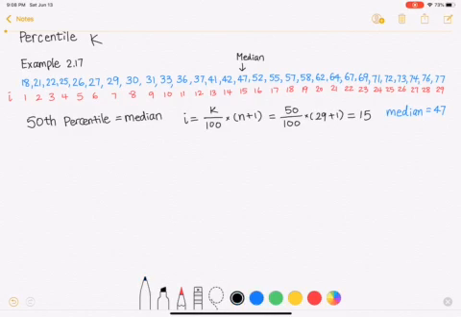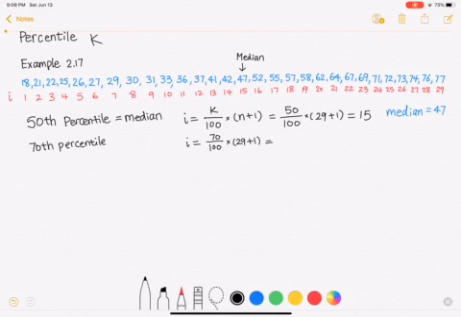So now go back to the original question. We want to find the 70th percentile. How do we find it? Again, we use a formula. i equals k, in this case 70, divided by 100 times 29 plus 1.